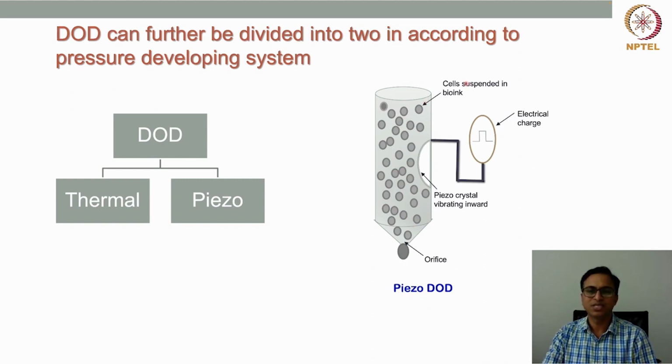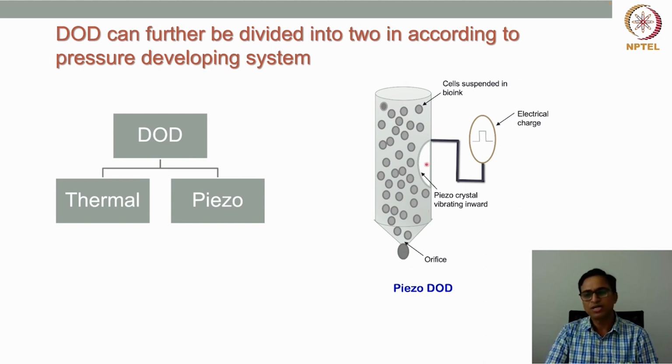As you can see here, the cells can be very well suspended within the media, in the liquid or buffer, and then the droplets can be generated from this, where the cells can also be there within these generated droplets.